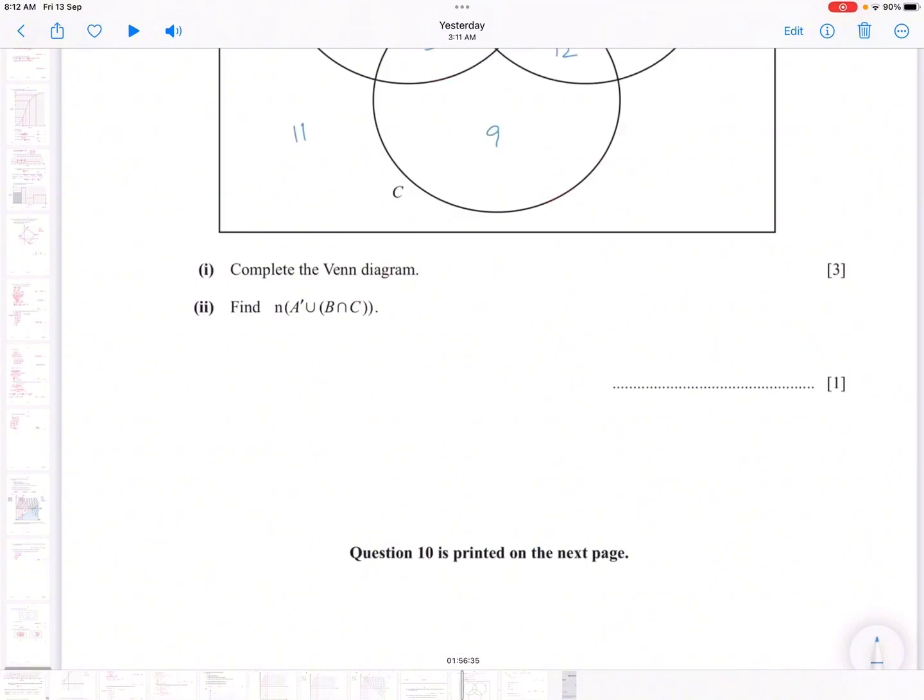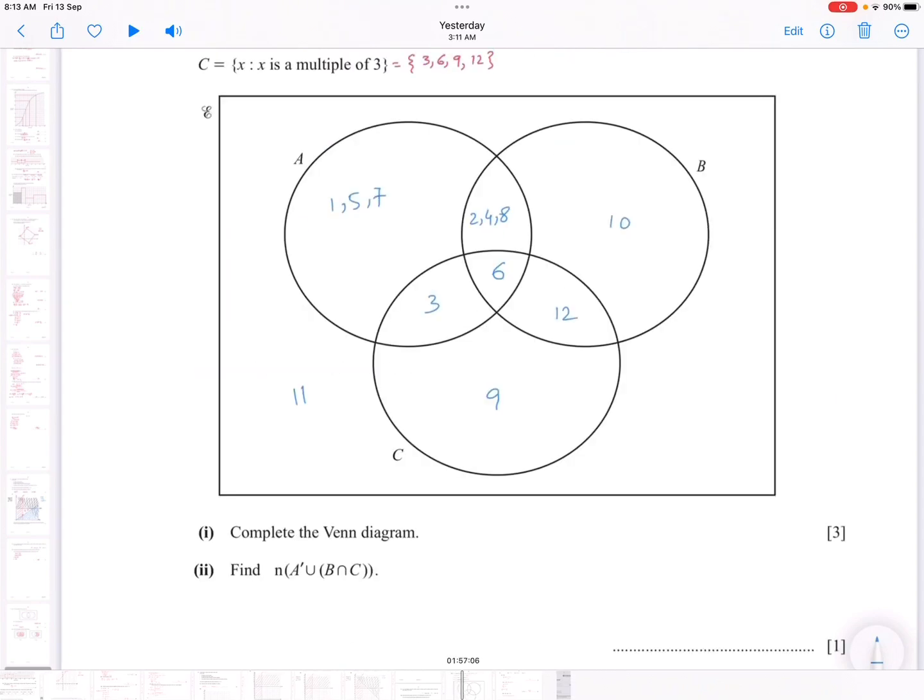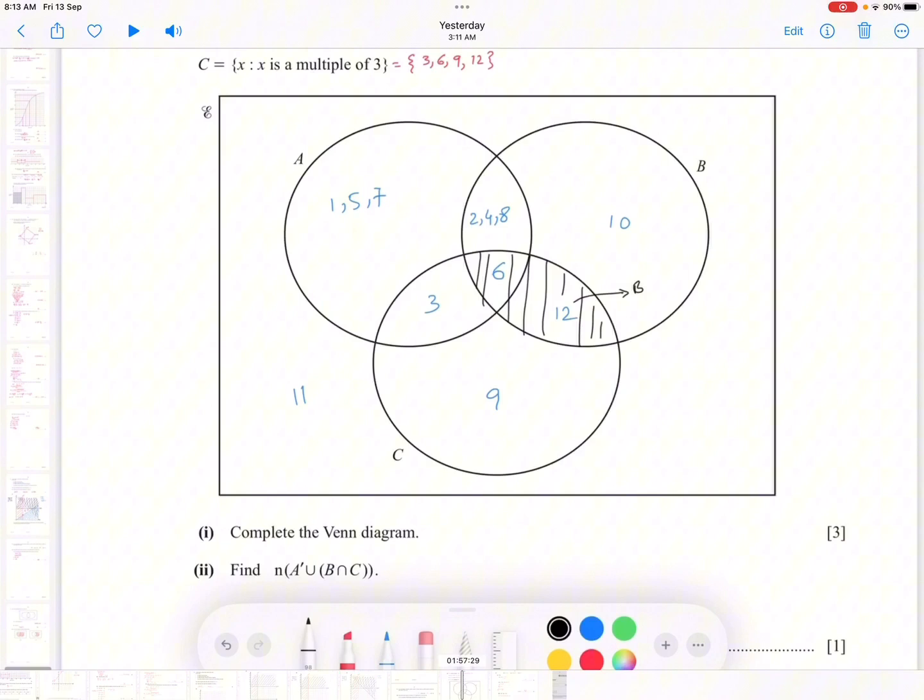Okay. Find n of A complement union B intersection C. So B intersection C is this part. This is B intersection C. We have to shade A complement.